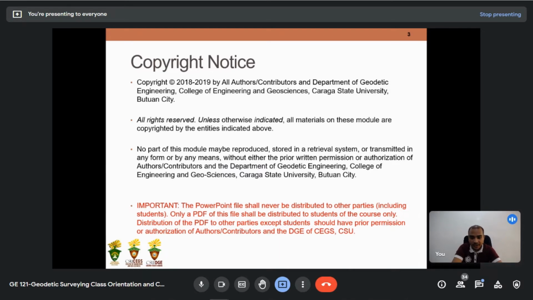You are not allowed to share them with other parties, including other students or persons outside Caraga State University, without prior notice or authorization of the contributors and authors and the Department of Geodetic Engineering of Caraga State University.